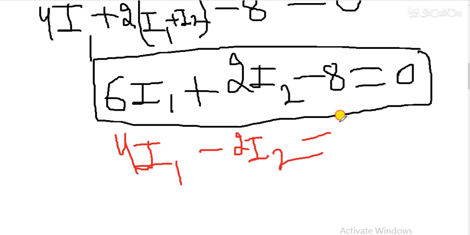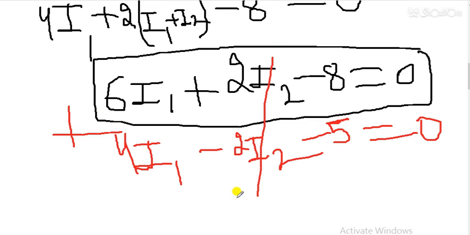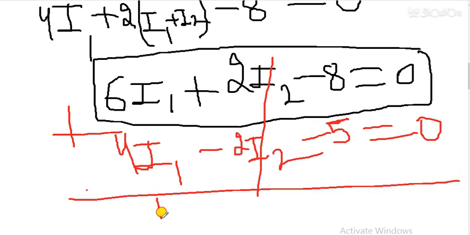Students, on adding these two equations, I2 will cancel out and we are left with 10I1 equal to 8 plus 5, that is 13.